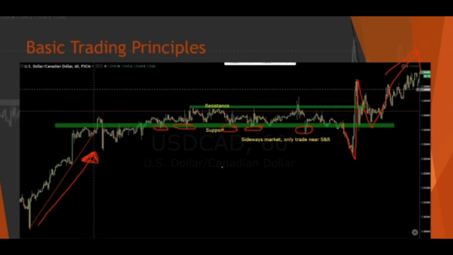If we're in a bullish market, what should you be doing? Buying the dips. If you're in a bearish market, what should you be doing? Short the rallies. Either or. And that's continually what you need to be doing.